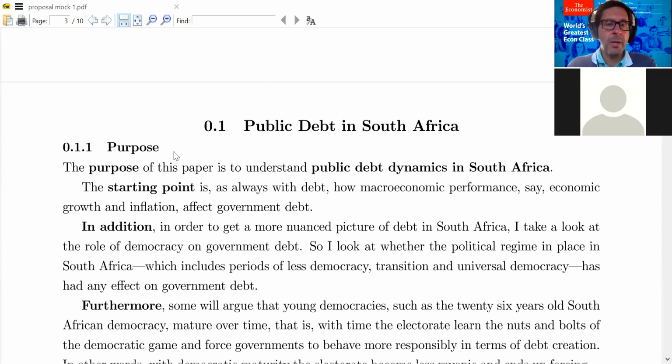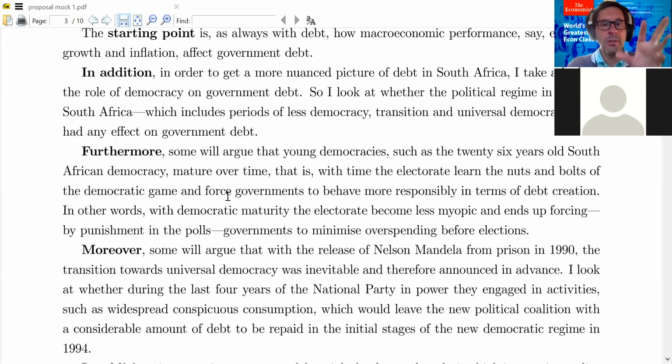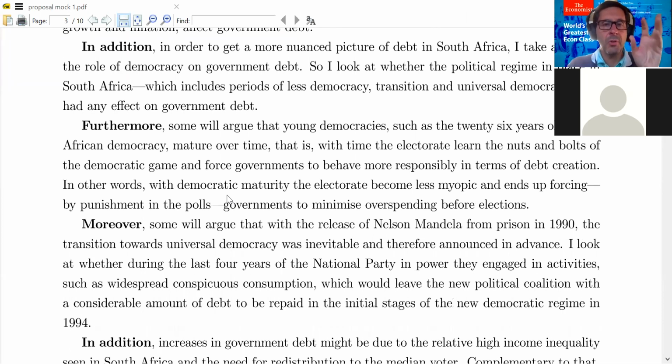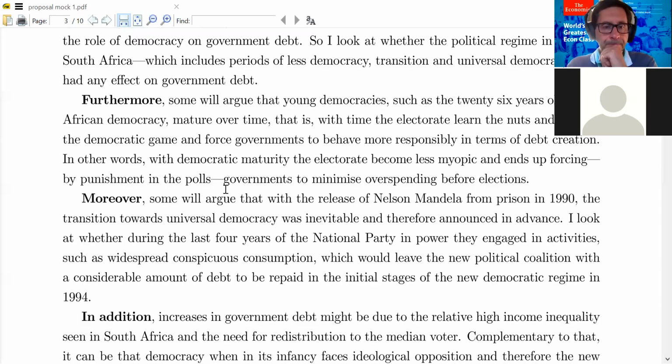Yes, the purpose of your paper. No, you don't mention anything at this stage. You are going to mention that later on. It's just essentially your research question and the ramifications. What is it that you can do with that research question?